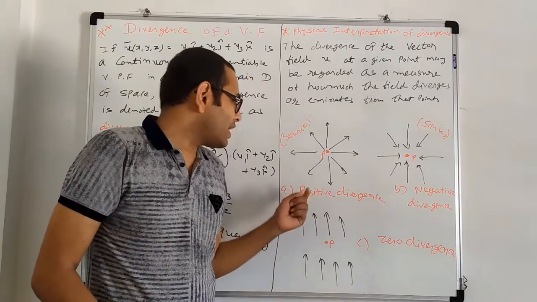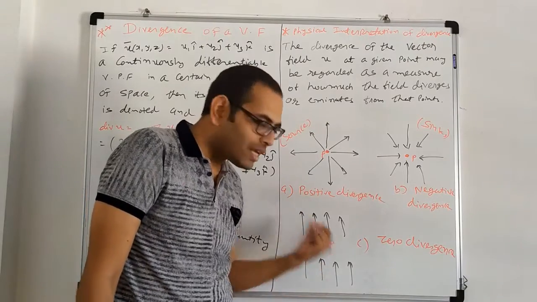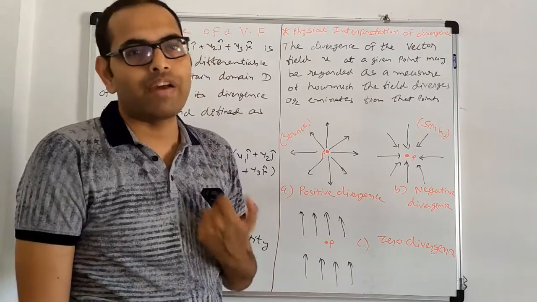Here, there are a few diagrams shown on the whiteboard. These are the various types of divergence.